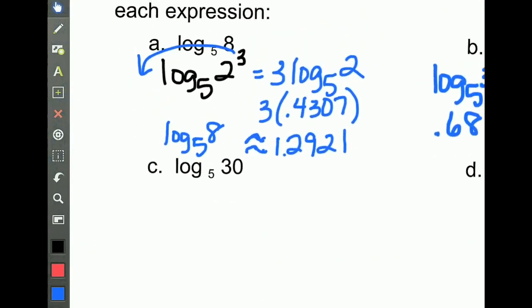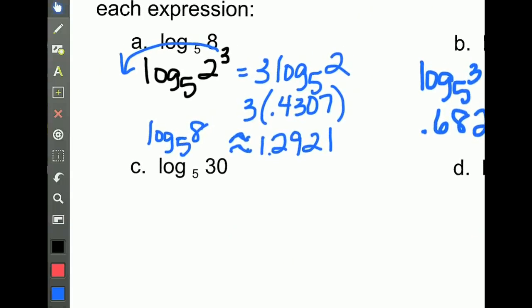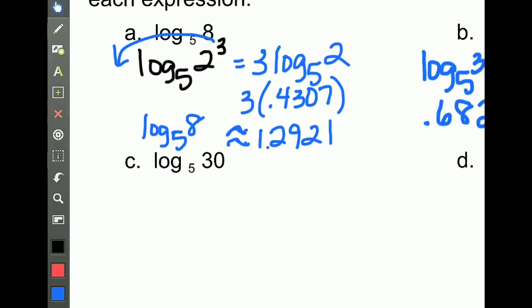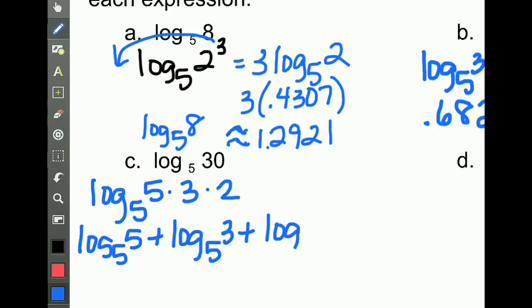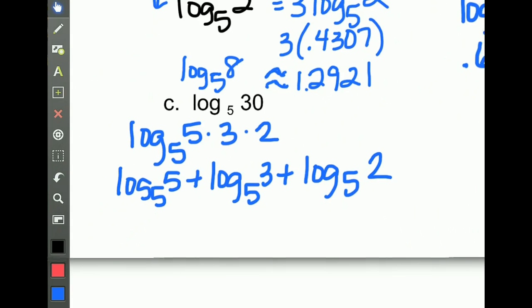Log base 5 of 30. Well, the only thing I can break 30 down into would be log base 5 of 5 times 6. And then I could break that 6 down into a 3 and a 2. So I can do the log of 5 plus the log of 3 plus the log of 2. Well, log base 5 of 5 is easy because I know that's 1.